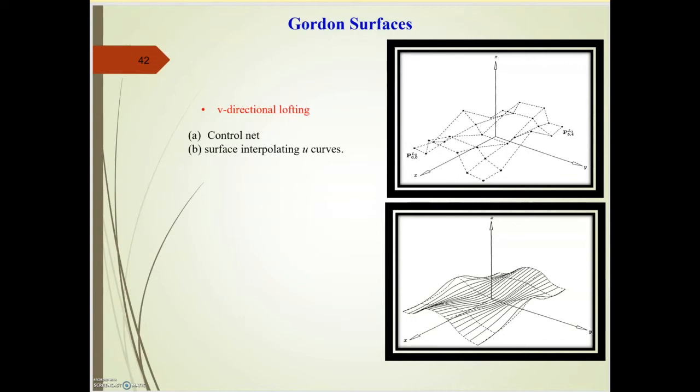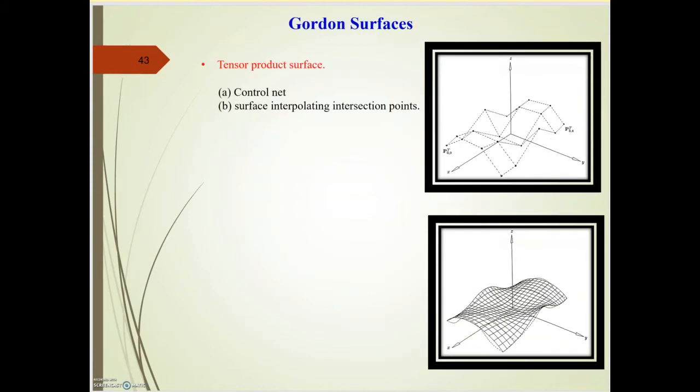In the figures shown here, the first one uses a control net and the second one uses a surface interpolating U curves. Another one is the tensor product surface. Similarly, in the figures shown here, in the tensor product surface, we use a control net for the construction of a Gordon surface in the first figure, and the surface interpolating intersection points can be clearly seen in the second figure.